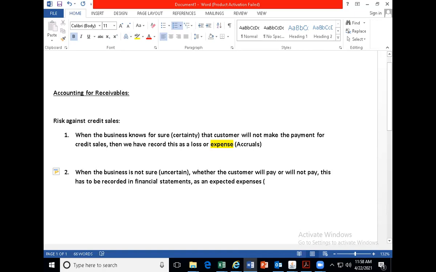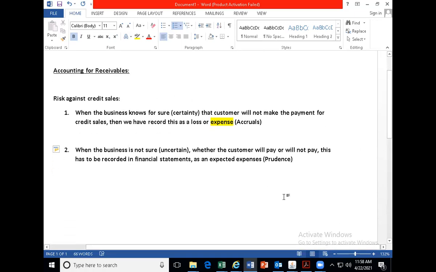Okay, and this is in relevance to the prudence concept, that all future risks must be revealed to the shareholders in the form of financial statements. So prudence says all future risks and losses must be recorded, whereas accruals and matching say that we only record what has happened. Okay, so this is what you need to remind yourself.